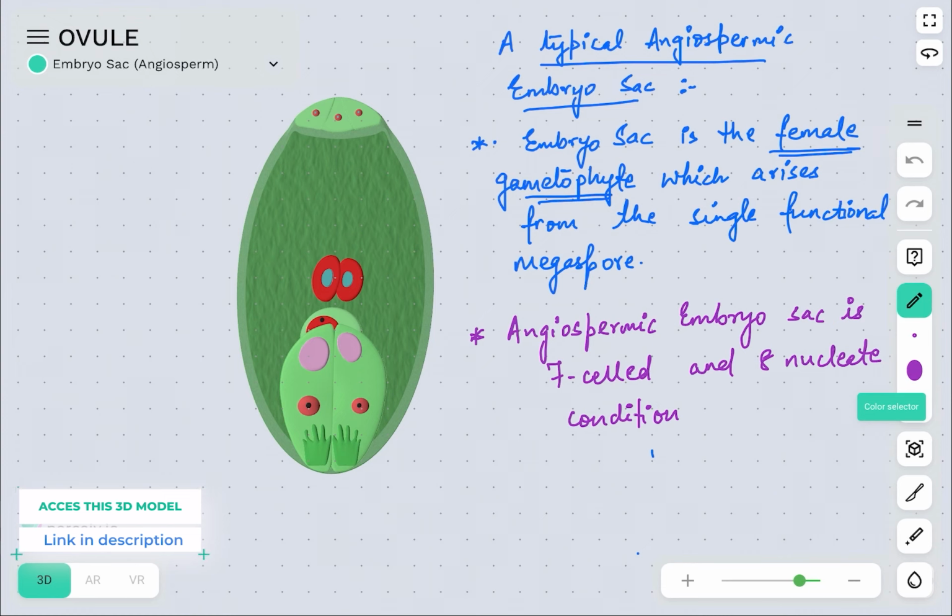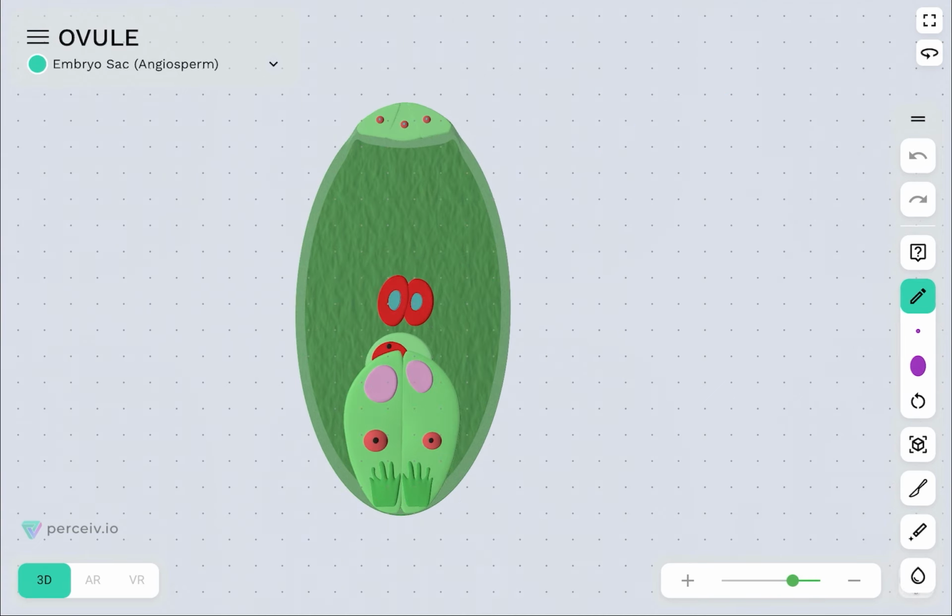Now let's move on to the labeling part of the embryo sac. So this is a typical embryo sac, and it has 2 ends. This end is called the chalazal end, and this end is called the micropylar end.